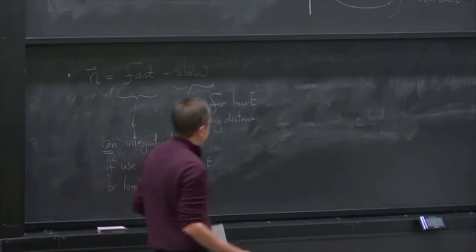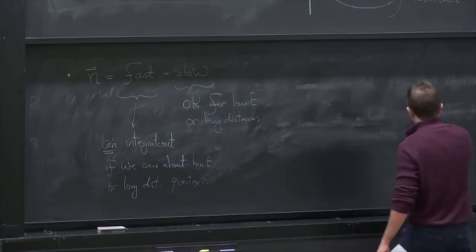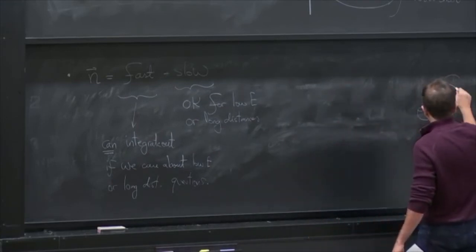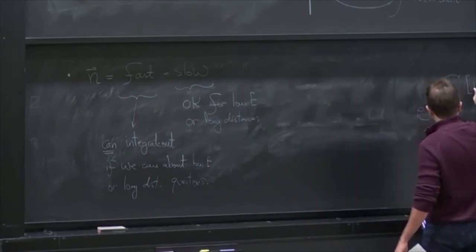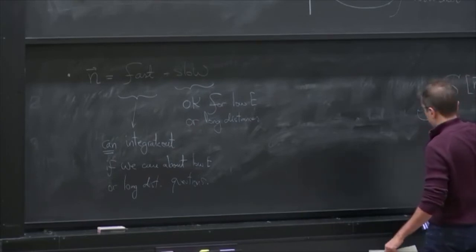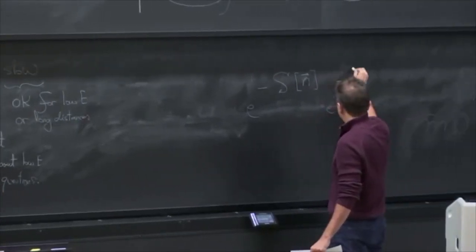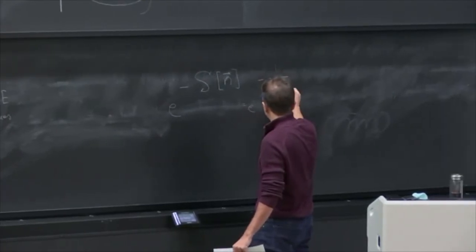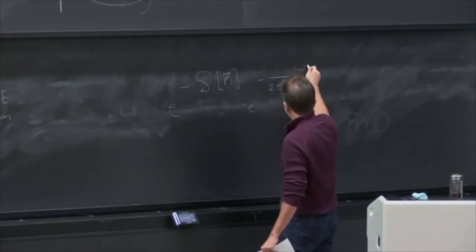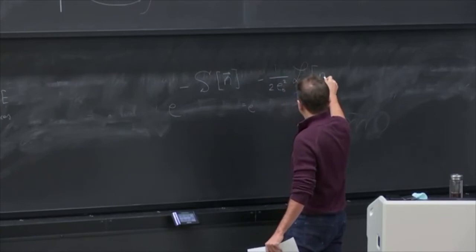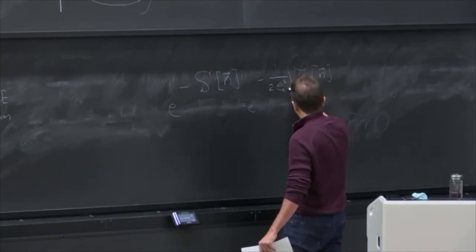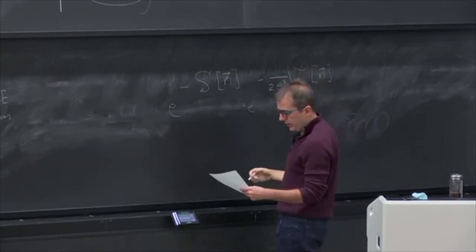So the idea in more detail is to start with your action for your vector n, which is the exponential of minus the integral of the Lagrangian for this vector n.